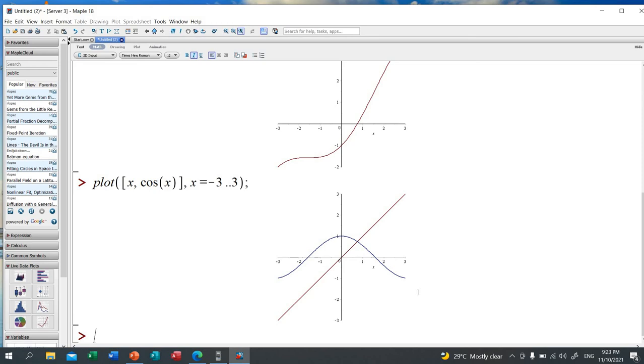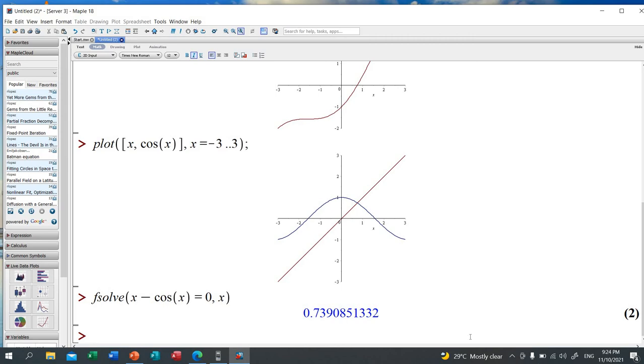The blue color is y equal cos x. Okay, you can actually label it, but I forgot the command. You may search yourself. Okay, and actually you can also directly obtain the root by using fsolve, equals 0, solving for x. So you get the root directly.